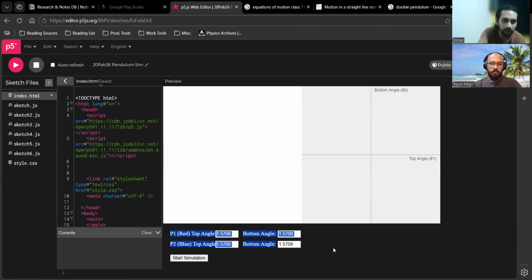For now, I have kept the top angle and the bottom angle of the first pendulum and the top angle and the bottom angle of the second pendulum the same. So they will move exactly the same. In fact, you'll only see one color. You'll only see blue, or maybe you'll see red, because they will be overlapping on top of each other. So this is the simulation.